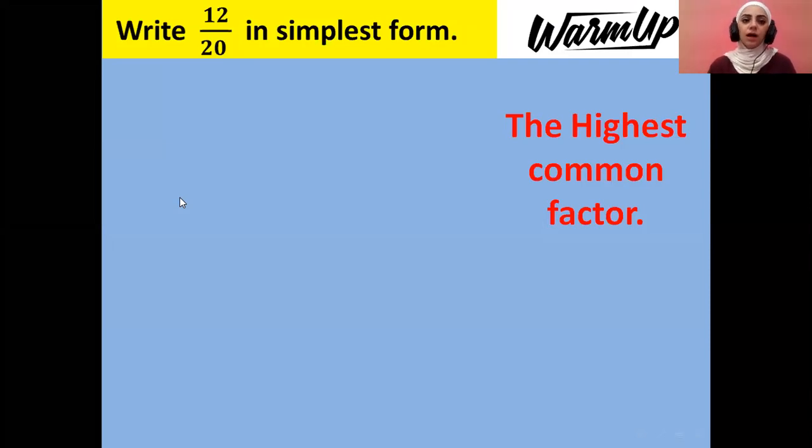So 12 over 20, this is a fraction. If we need to simplify it, we can easily do the simplest form mentally, if we can figure out the common factors between 12 and 20. Or if you have hard numbers whose common factors you can't find, you can just list the factors of each number and find the greatest common factor, like this.